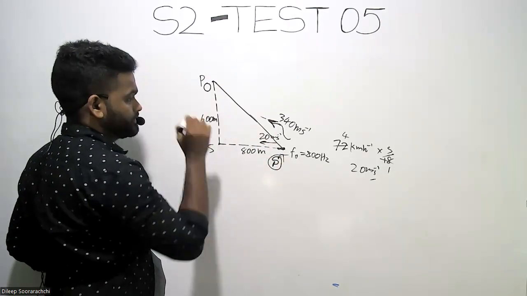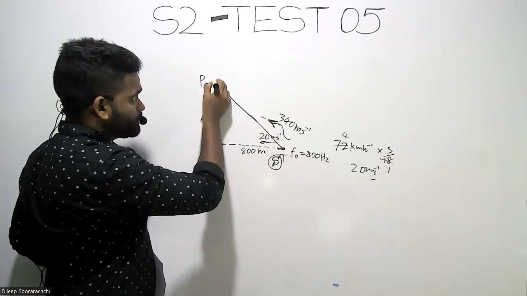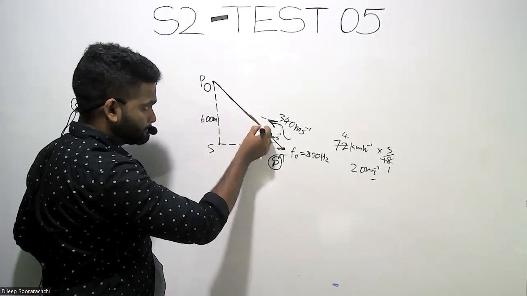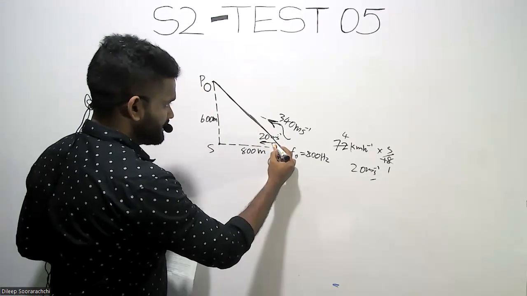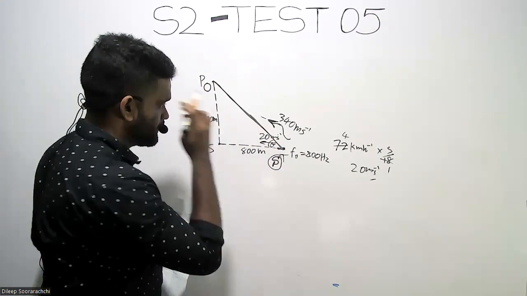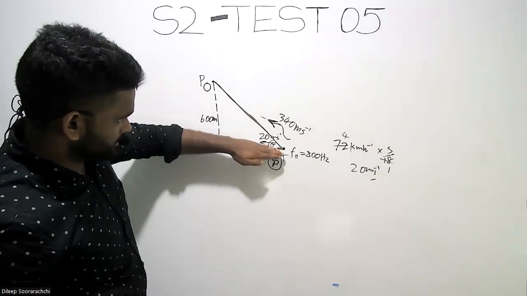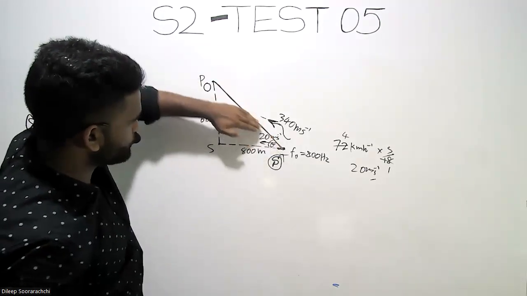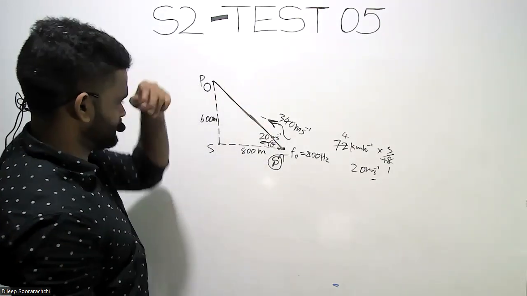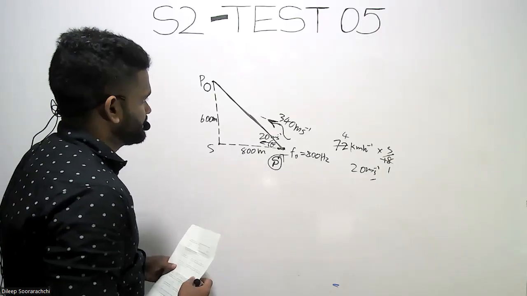This is the observer. Just draw this line between observer and source. Then let's say this angle is theta. Project all the components onto this line.